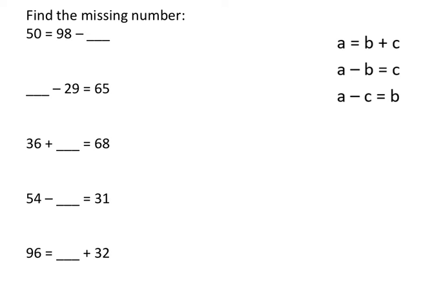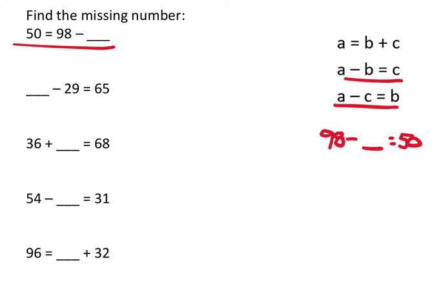Well, this will take some analysis even with the fact families. So I'd look at this problem right here: 50 equals 98 minus something. It reflects either this one or this one, just with the C reversed. So you could say it's 98 minus something equals 50.